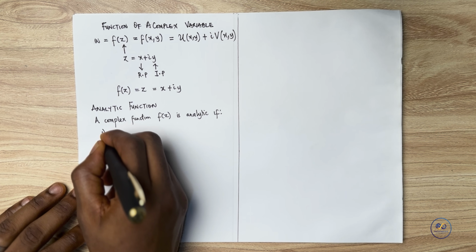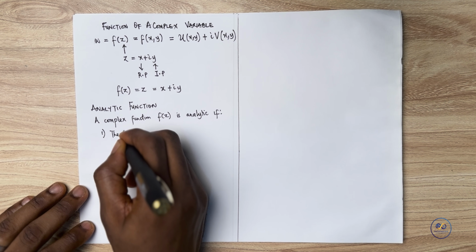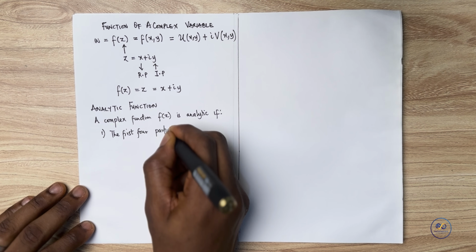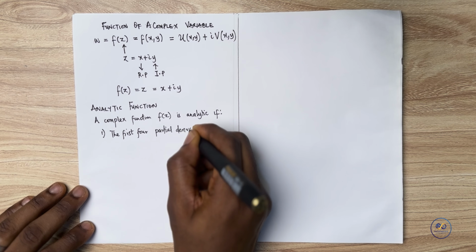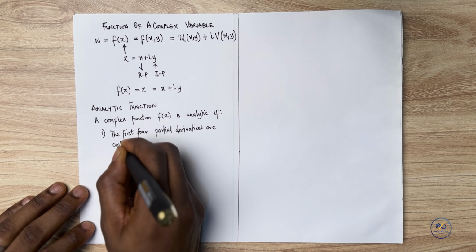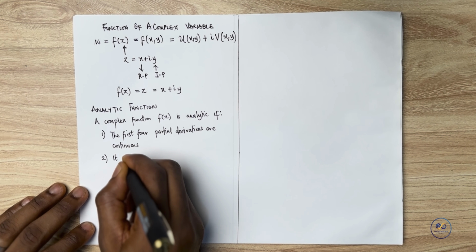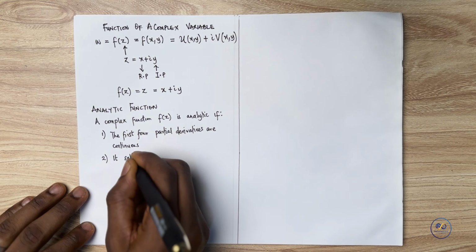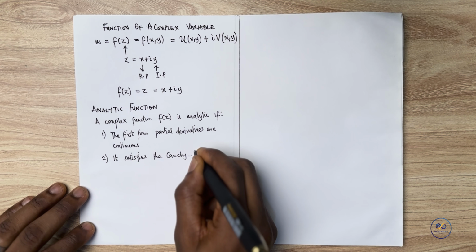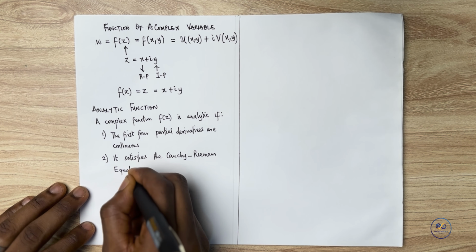1, the first 4 partial derivatives are continuous, and then 2, it satisfies what we refer to as the Cauchy-Riemann equation, CRE for short.